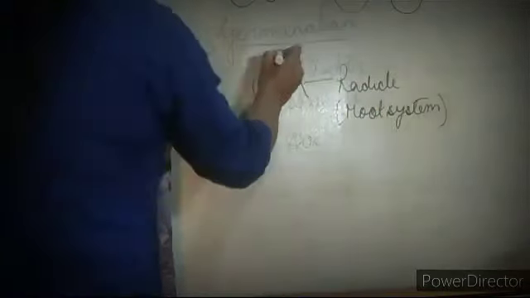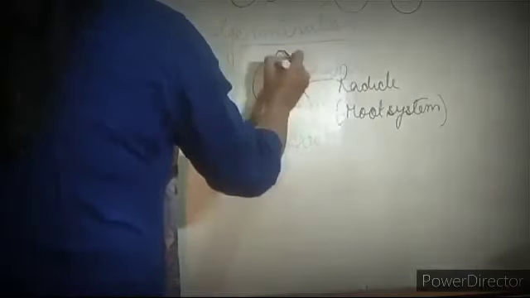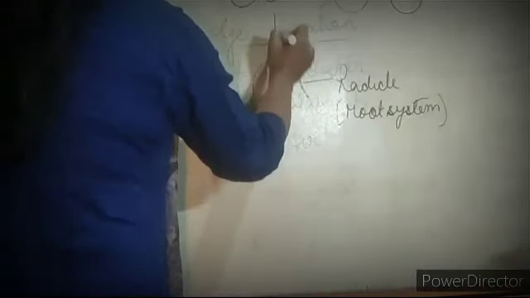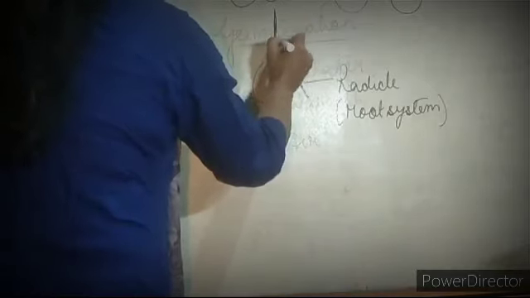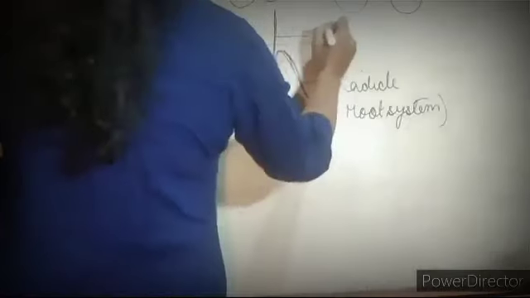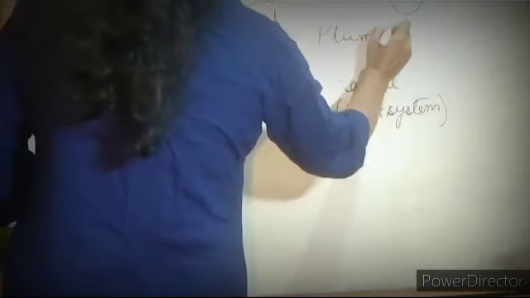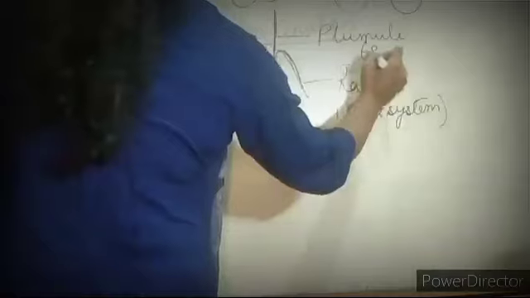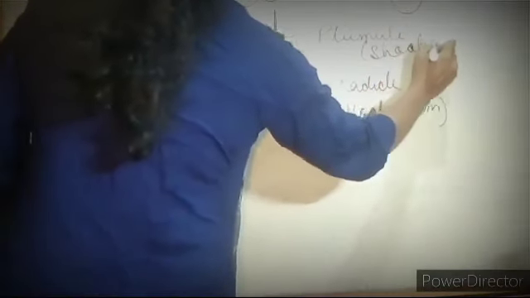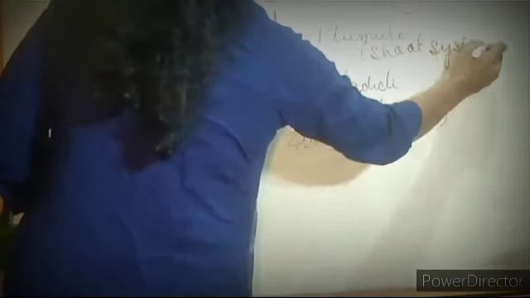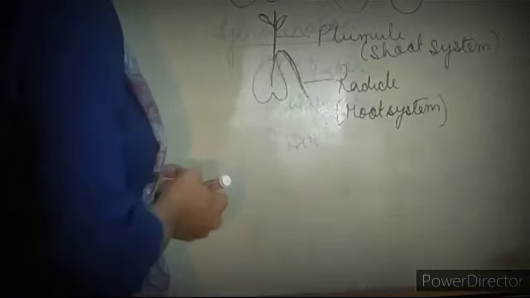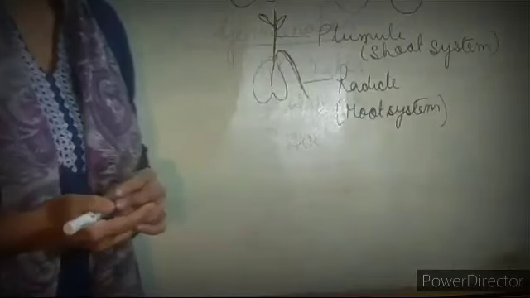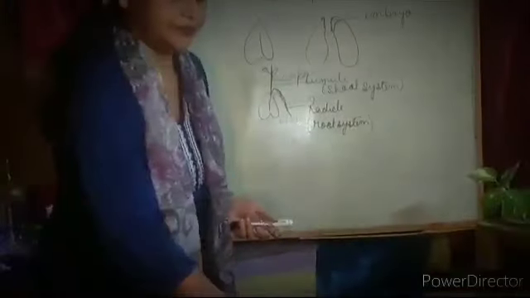Then after the radicle comes out, another structure will grow upward, which is known as the plumule, and this plumule will form the shoot system. That is, it will bear leaves, fruits, flowers and branches.